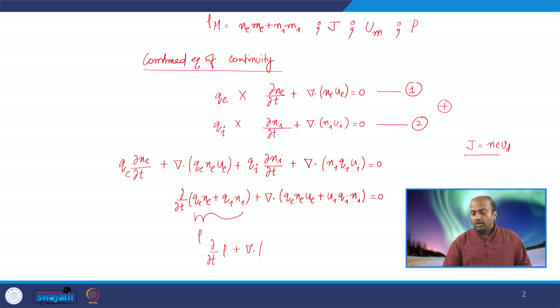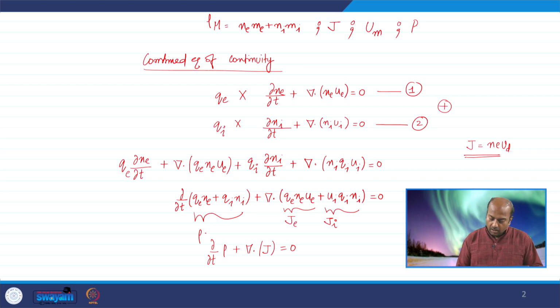We are familiar with this current density term. This becomes the current density for electron, and this becomes the current density for the ion. So we can write dou rho by dou t plus del dot J is equals to 0. The rate of change of charge density plus divergence of current density will be equal to 0. That is the meaning of this expression.